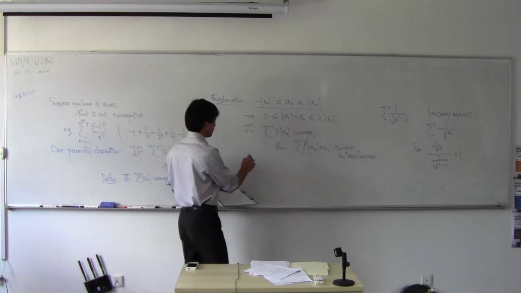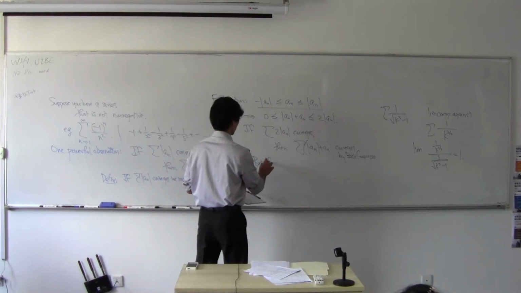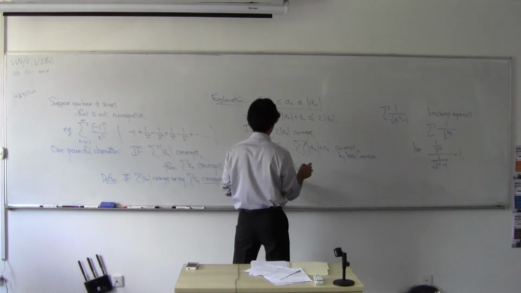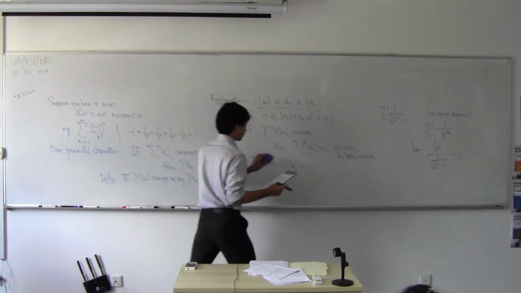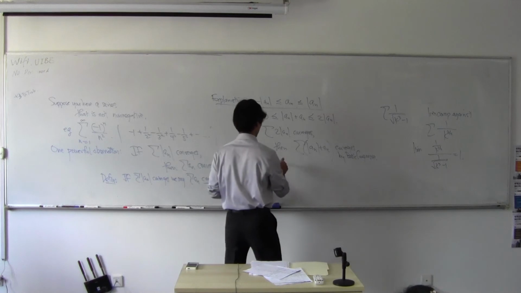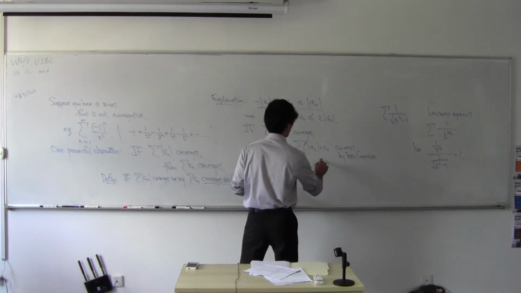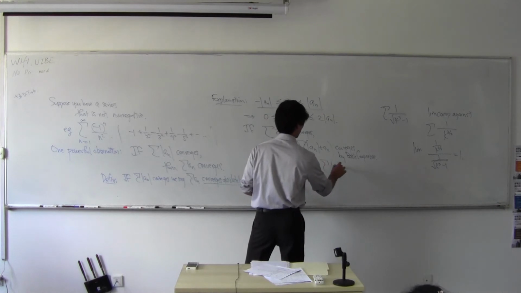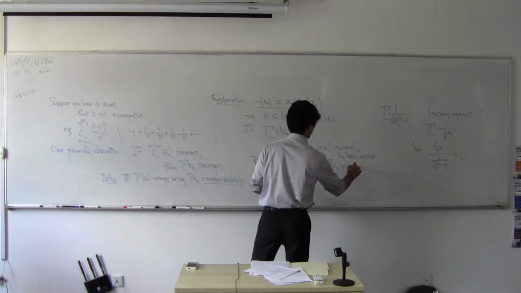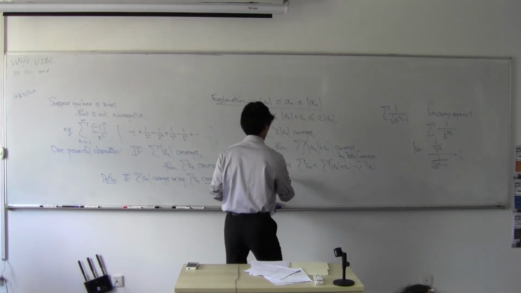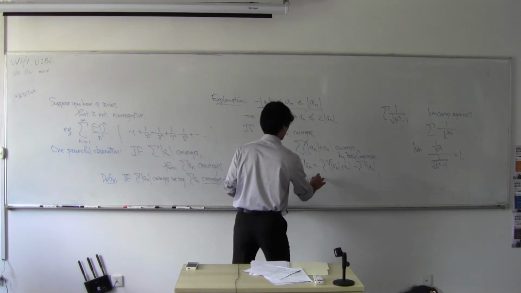But then, since the summation of a sub n equals the summation of (a sub n plus the absolute value of a sub n) minus the summation of the absolute value of a sub n, we see that the summation of a sub n also converges.